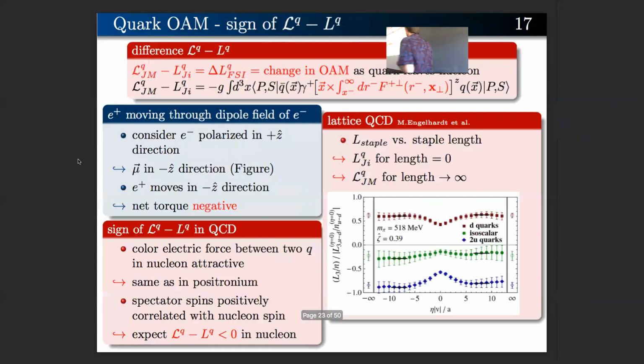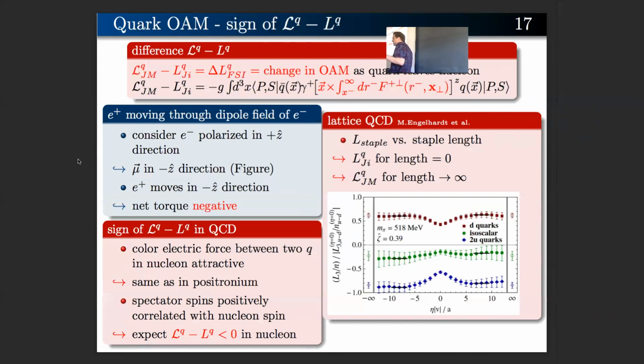Evaluating something similar to that, just by looking at matrix elements that involve a momentum transfer, they get information about the position here, and by looking at the slope, they were able to extract both the G orbital angular momentum, that's at staple length equal to 0, and the Jaffe-Manoha orbital angular momentum when you go to infinity.